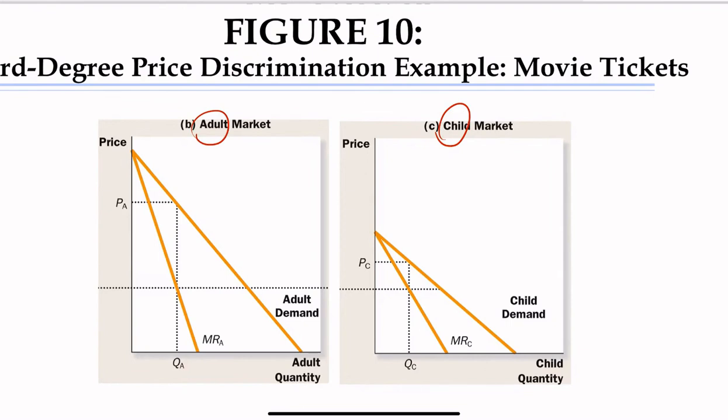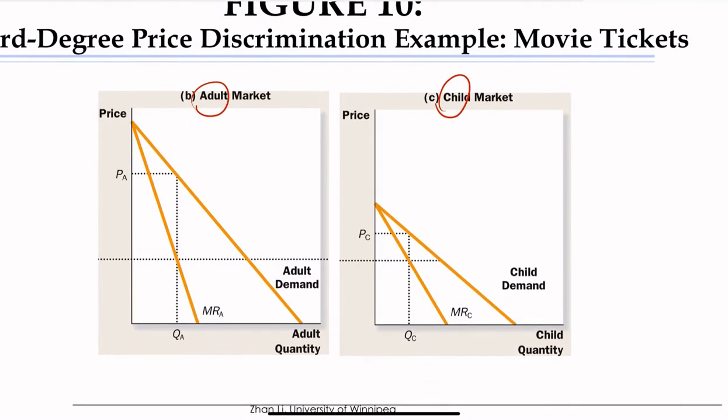In economic terminology, it means the elasticity in the adult market is lower, or elasticity in the child market is larger. This is quite intuitive, right? Children are more sensitive to movie ticket price changes, well, because they're poor, right? And adults are less sensitive to price changes in the movie tickets market, because they are obviously more wealthy compared with their children, right?